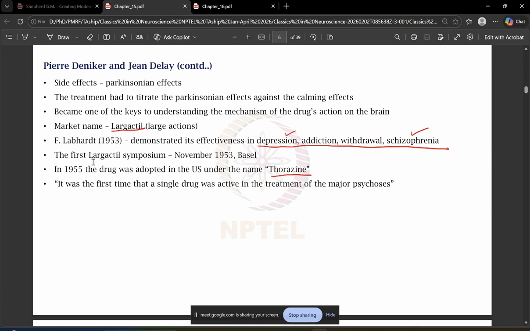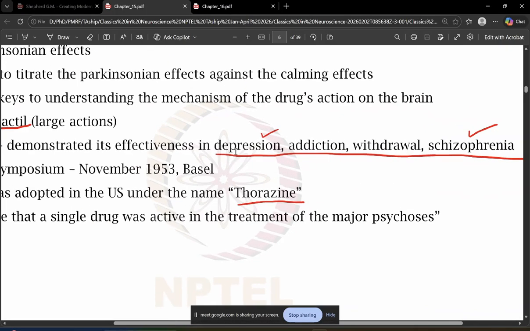Laborit, who was a postdoc at that time in 1953, came to know about this drug during his postdoc, and I think he went back to Basel in Switzerland, and he used this drug on patients, and he showed that it is effective in depression.